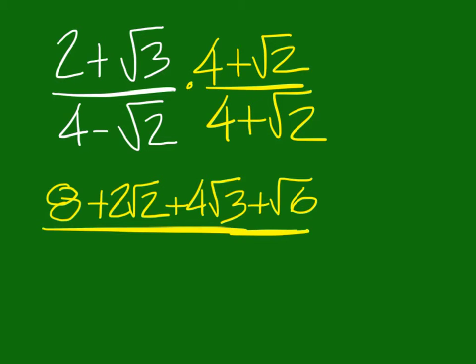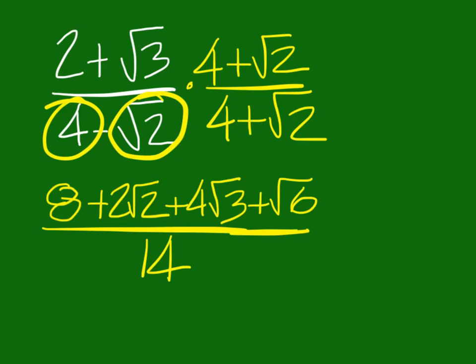On the bottom, square the 4 to get 16. Square this to get 2. 16 minus 2 is 14. 8, 2, 4, 1. There's a 1 there. And then 14.